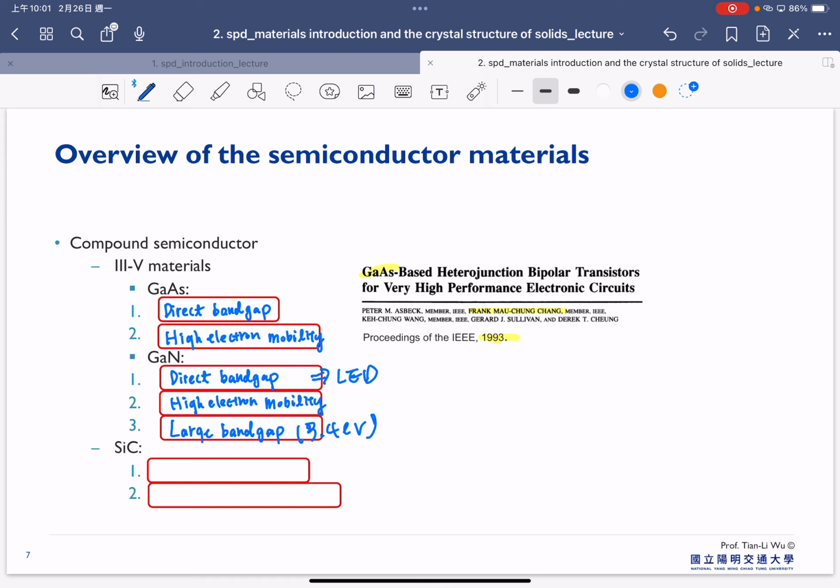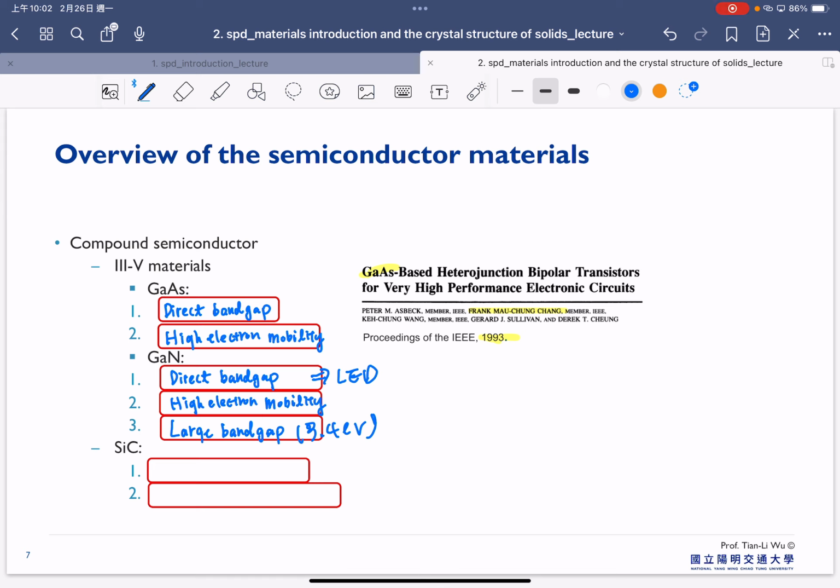Nowadays, all LED technology is made using gallium nitride material. For example, the lamp inside a projector is made by LEDs, and some very advanced technologies all use LEDs as lighting.